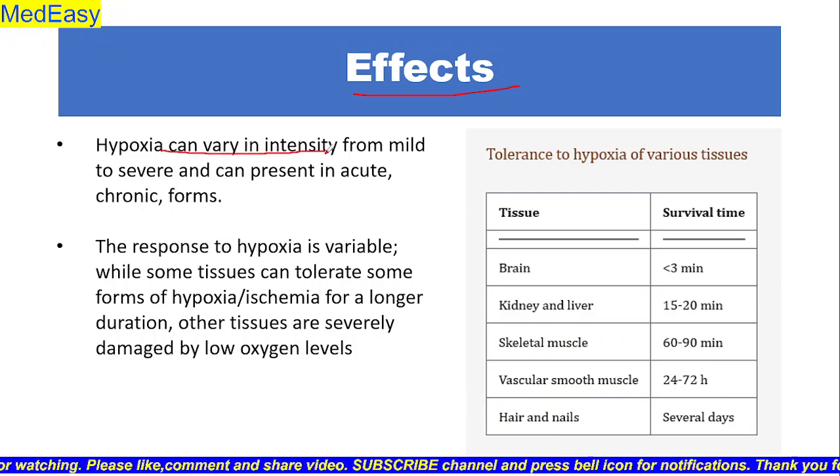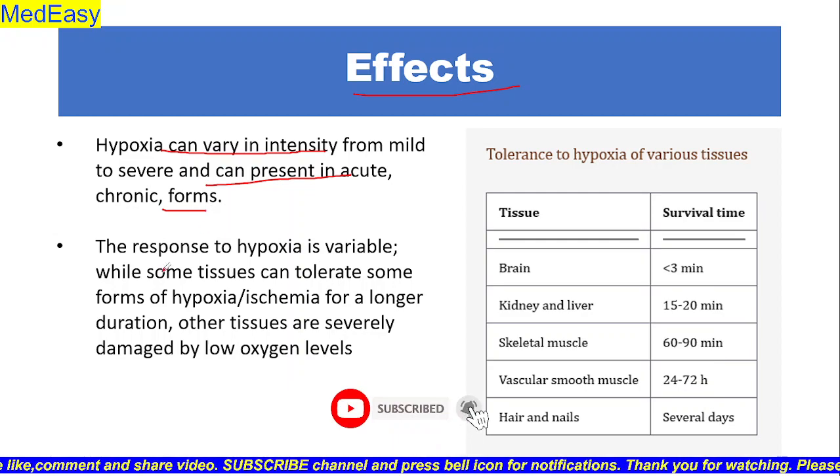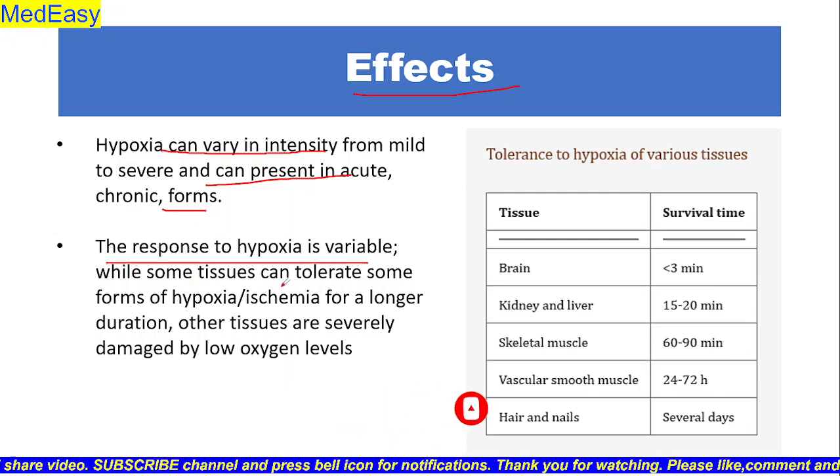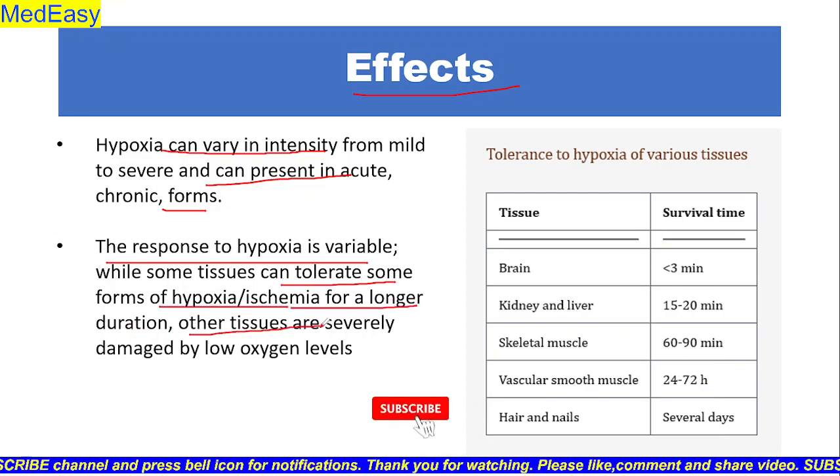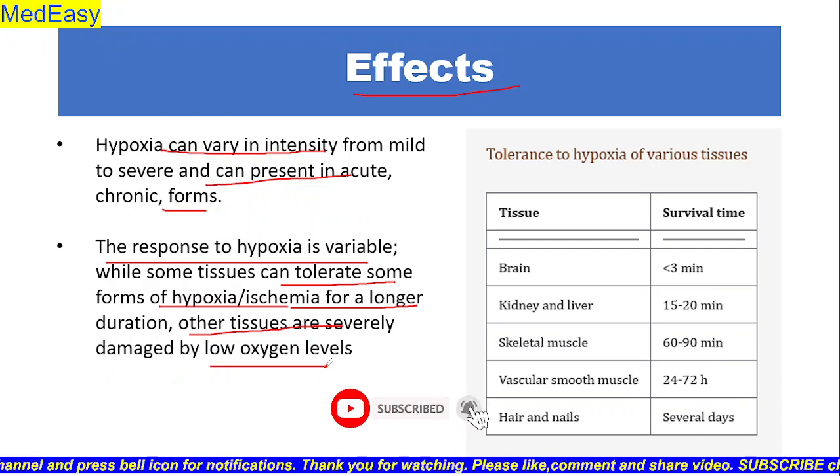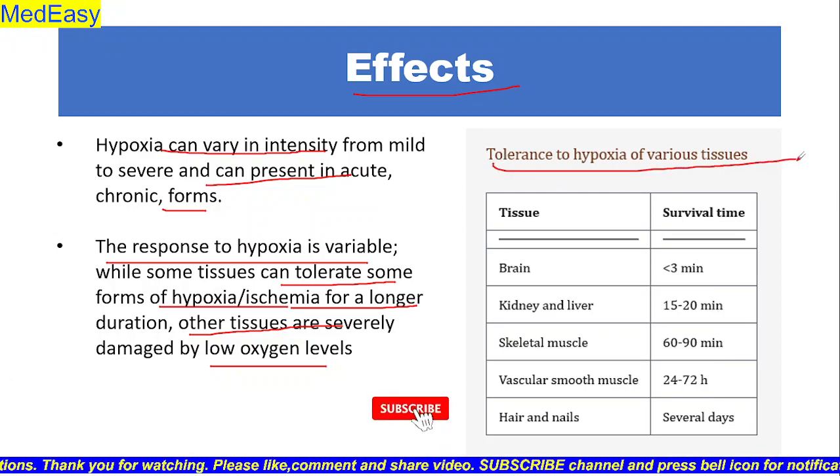Hypoxia can vary in intensity from mild to severe and can present in acute or chronic forms, and the response to hypoxia is variable. While some tissues can tolerate some forms of hypoxia or ischemia for a longer duration, other tissues are severely damaged by the low oxygen level, because our body has different sensitivity to hypoxia.